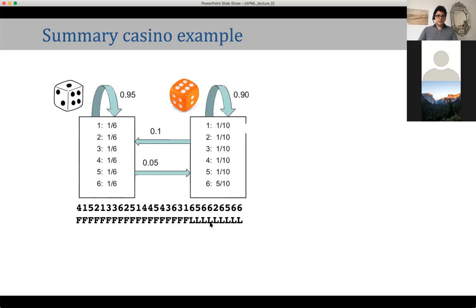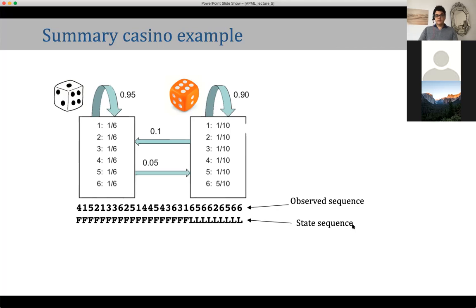Just to summarize now the example on the casino, what are the parameters we are using, and the terms, the words we can use to describe what we are looking at. We have an observed sequence. I will use y as a variable to name it, yt, and we have a hidden state sequence.